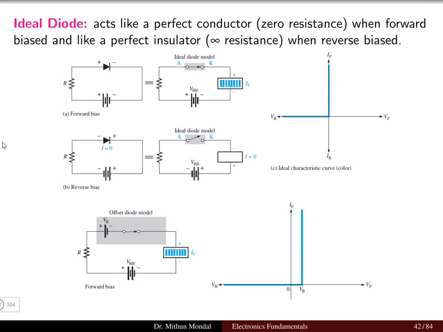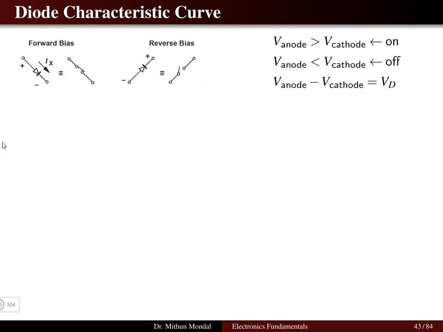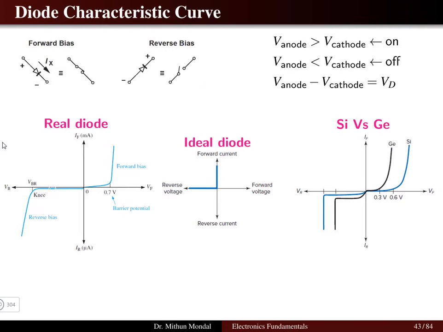Now if we add a little bit of offset to the ideal diode, that is the barrier potential, then the barrier potential will be reflected here. Here the barrier potential is at 0 volt, and here a little bit of barrier potential will come if we add it in the circuit for the ideal diode. So we can obtain the diode characteristic curve for the real diode condition, the ideal diode condition, and a comparison of silicon versus germanium diode.